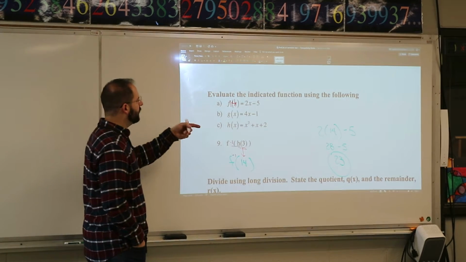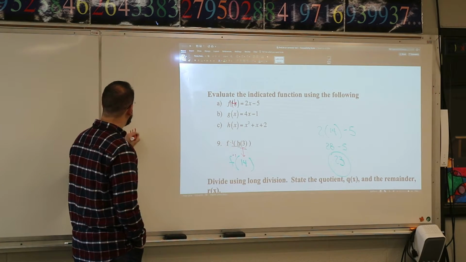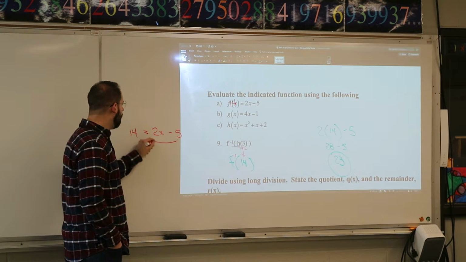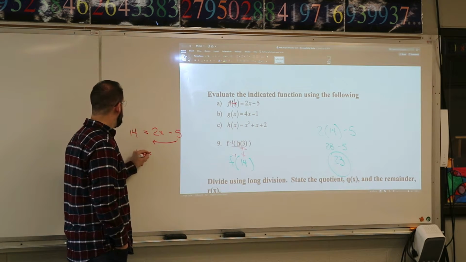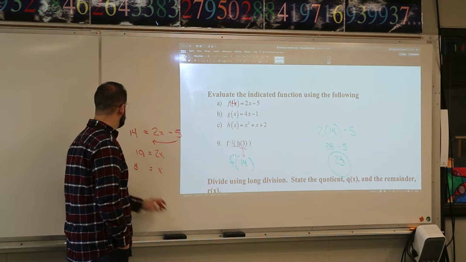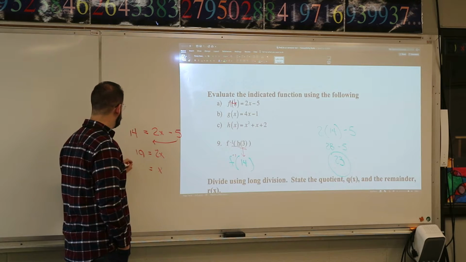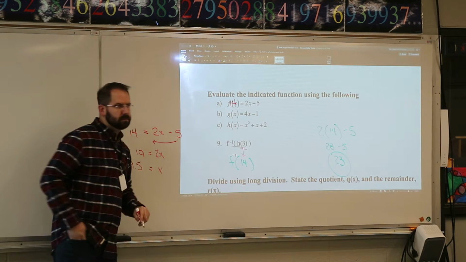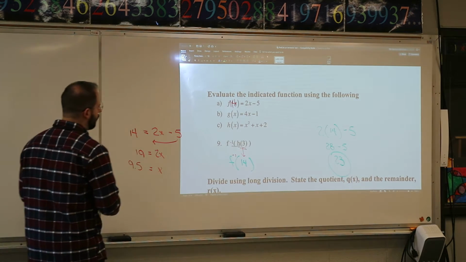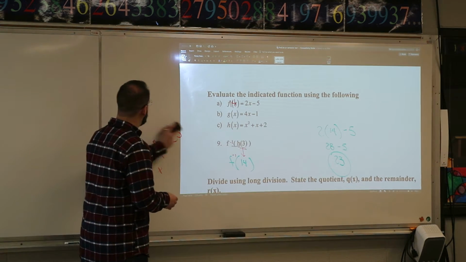So instead of plugging 14 in, going 2 times 14, the 14's over here, and you solve for x. You'd have 5 across, and you divide by 2. Is that 9.5? Something like that. That's how you do it. I'm not going to do one of those. Sorry, I just didn't even realize what I typed there.